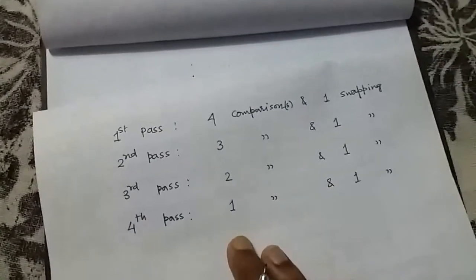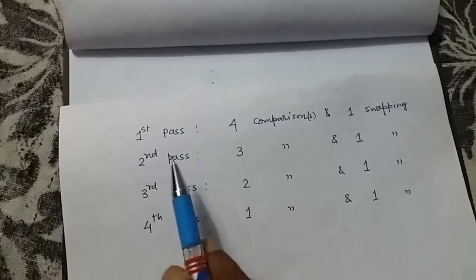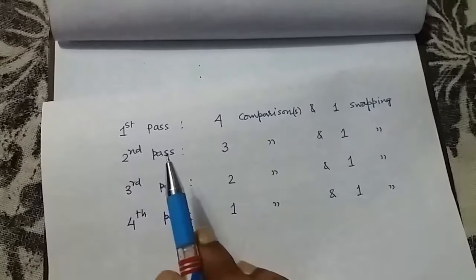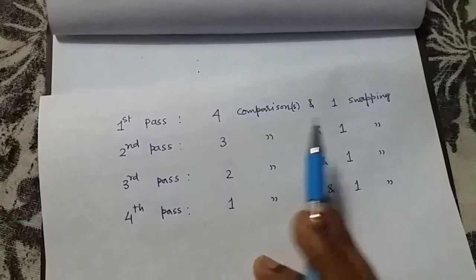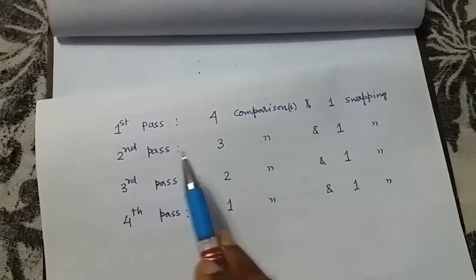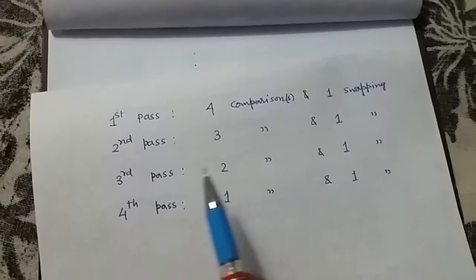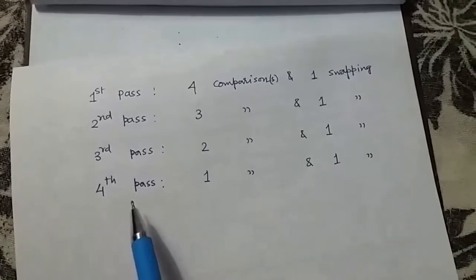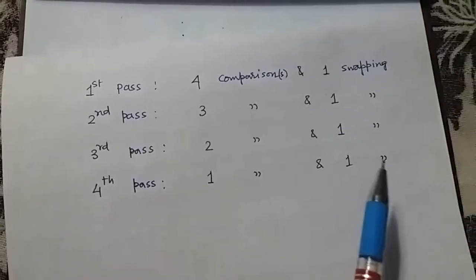You can see here, this is our result of analysis. First pass, 4 comparisons in case of 5 elements, remember. First pass 4 comparisons, only 1 swapping. Second pass 3 comparisons, 1 swapping. Third pass 2 comparisons, 1 swapping. And fourth pass 1 comparison and 1 swapping.